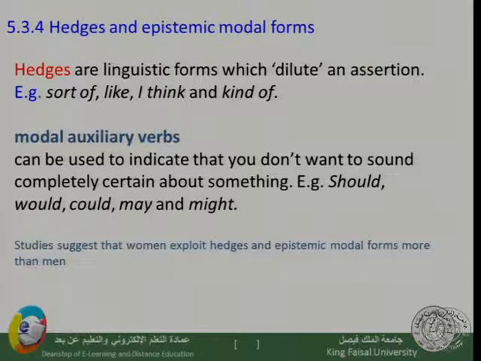If I want to make this less strong, I would say I may travel tomorrow, I might travel tomorrow. So those modal auxiliary verbs indicate that I do not want to sound completely certain about something. So I'm using those words to indicate to the listener that I am not really sure.